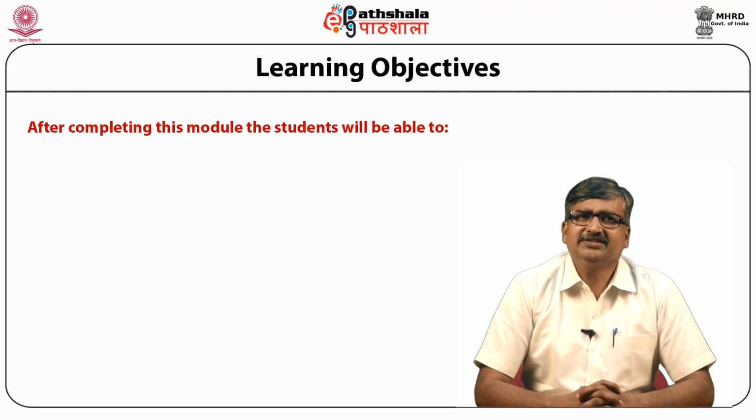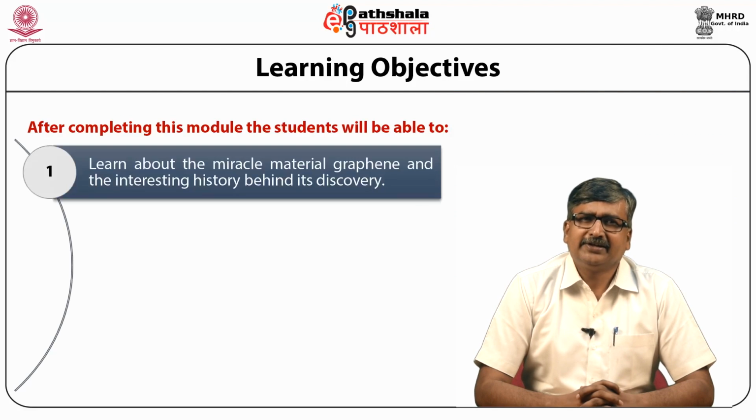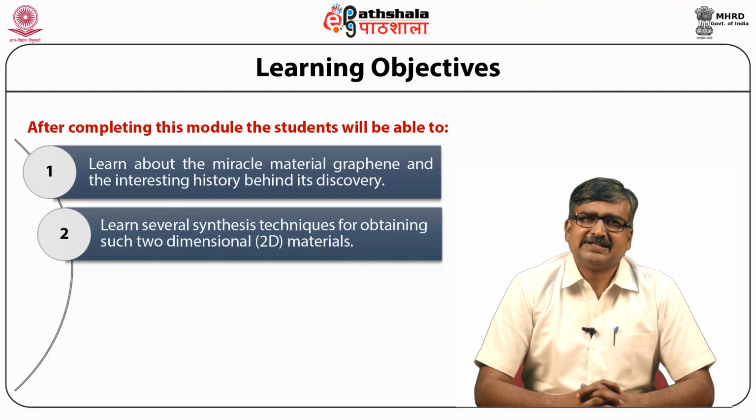After completing this module, the student will be able to learn about the miracle material graphene and the interesting history behind its discovery. They will also learn several synthesis techniques for obtaining such two-dimensional material.